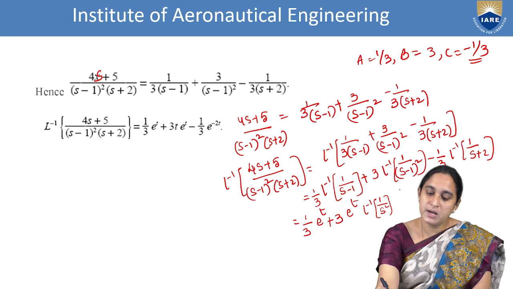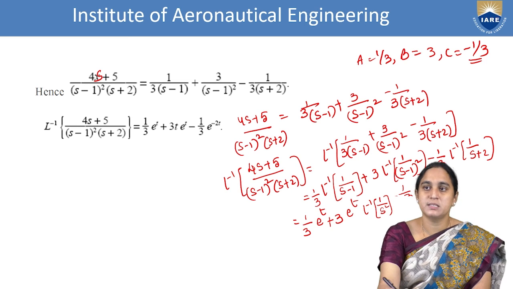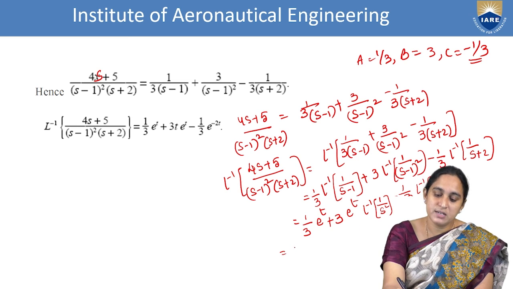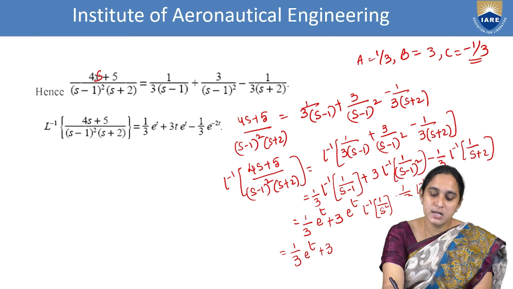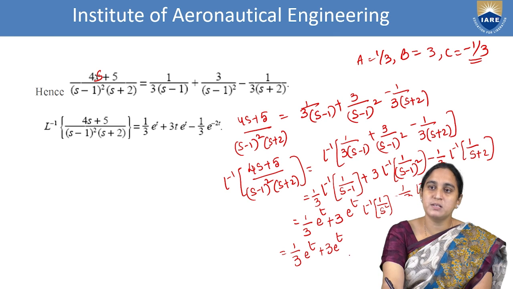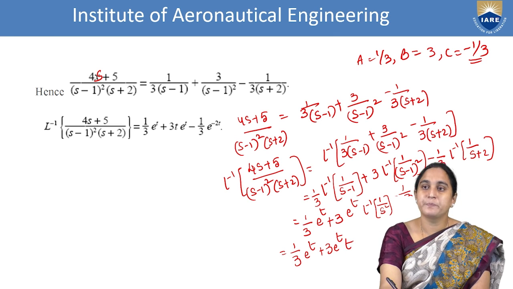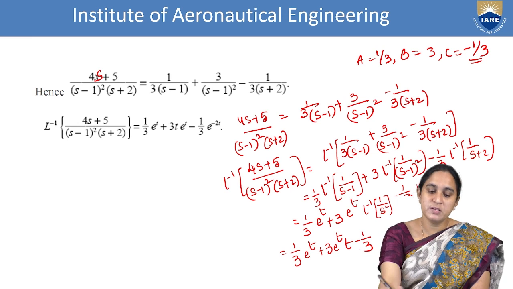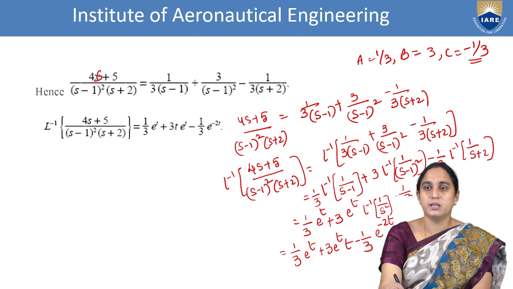Minus 1 by 3 into Laplace inverse of 1 by (s plus 2), that is e power minus 2t. Next step I will write that is 1 by 3 into e power t plus 3 into e power t into Laplace inverse of 1 by s square means what? That is t. Minus 1 by 3 into Laplace inverse of 1 by (s plus 2) means what? That is e power minus 2t.